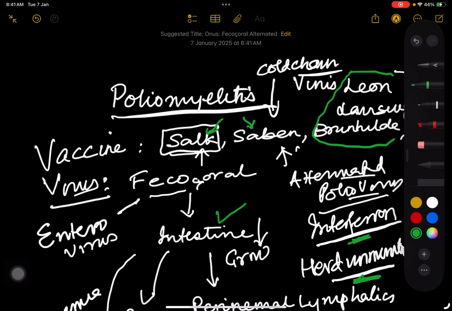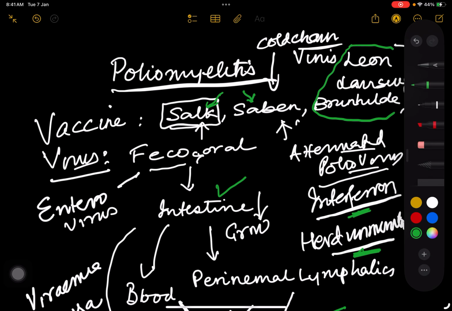The Sabin vaccine is an oral polio vaccine given at monthly intervals, 3 times in the baby. This attenuated polio virus needs a cold chain to get to the baby, and hence it's more difficult to give.